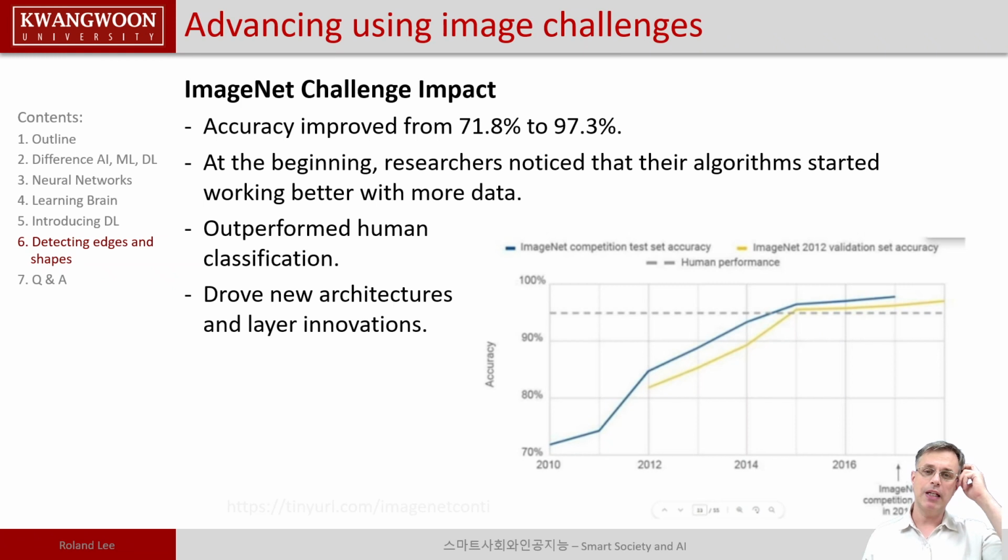In the beginning, researchers noticed that their algorithm started working better with more data. There was nothing like ImageNet at that time. And then they started testing new ideas and improved neural network architectures that brought about a host of innovations in the way to process data, build layers, and connect them all together.